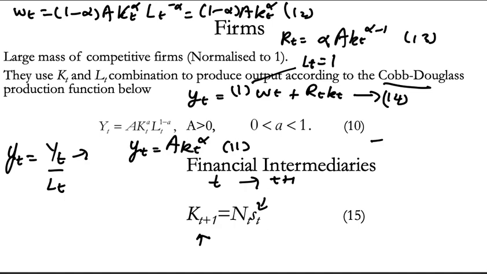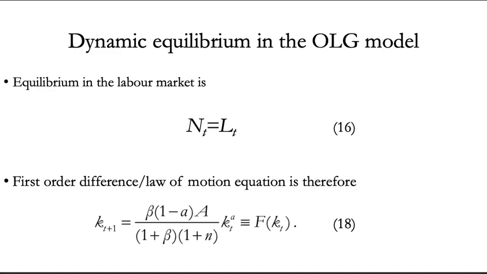Next, we want to look at the dynamic equilibrium in the OLG. How do we do it basically? Before we go into detail, we have seen the household side, the individual side, with their preferences, utility function, and optimal saving.